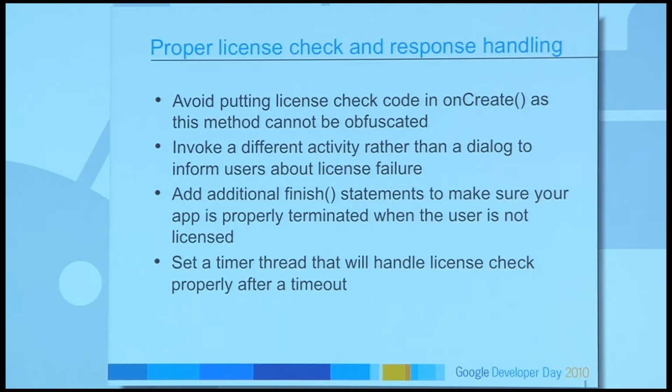Sometimes an attacker may try to disable a dialogue so that they can continue to run your application. By invoking a different activity, you make sure you can terminate the original activity you had. Also consider adding additional finish statements to make sure your app is properly terminated when the user is not licensed to use your app. And finally, make sure you handle all the edge cases. For example, set up a timer thread that will handle the license check properly whenever you experience a network timeout.